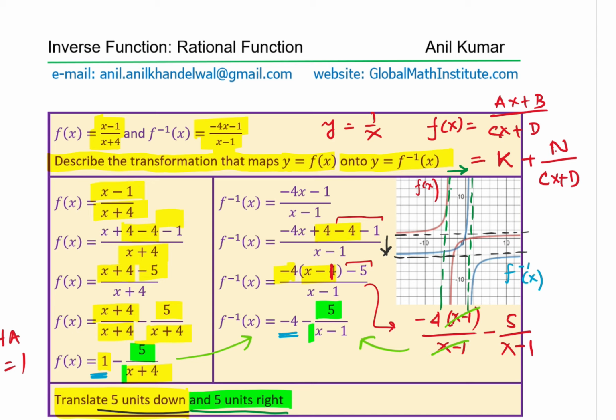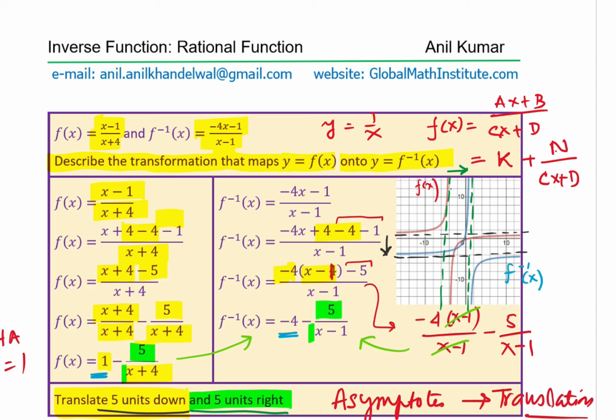So that is how we could actually do the questions for rational functions. If you compare the asymptotes, you can get translation. Now, this is important to understand. So comparing the asymptotes, you can get the translation, and that could give you an idea of what the transformation could be.